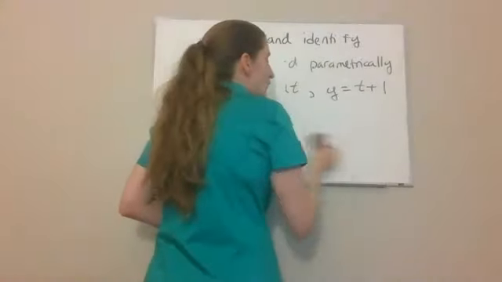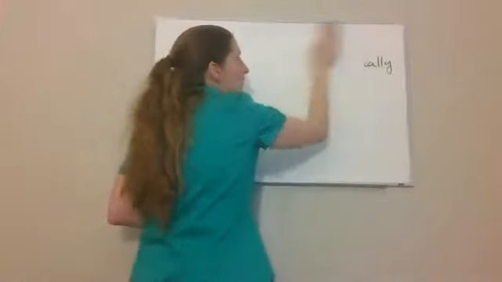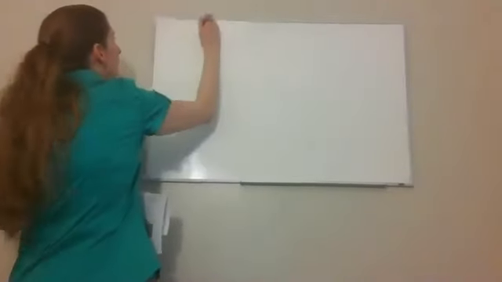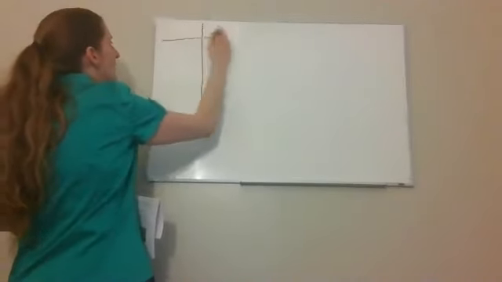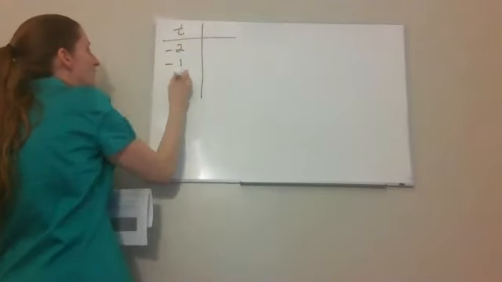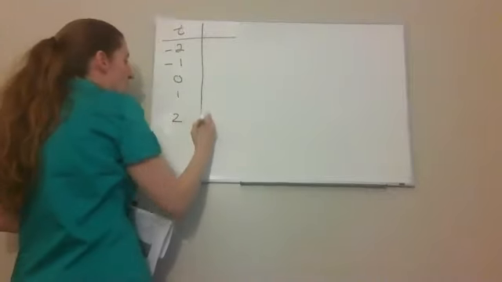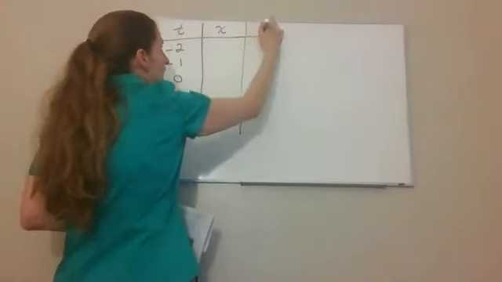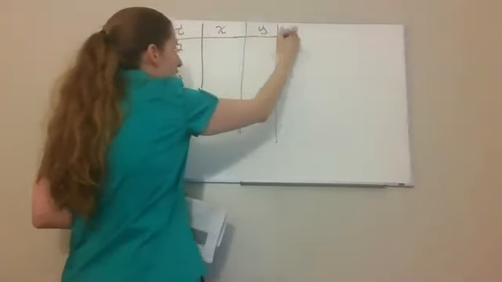And I would suggest if you're trying to figure out what a parametric curve looks like, you pick values for your t that are both positive and negative. So I'm going to start by picking, I'll go with -2, -1, 0, 1, and 2 for my t. And that will give me values for x and for y.